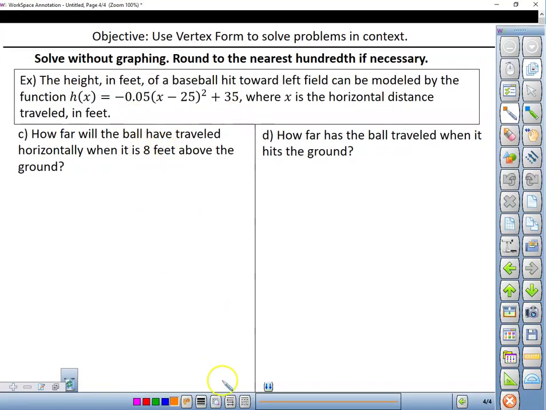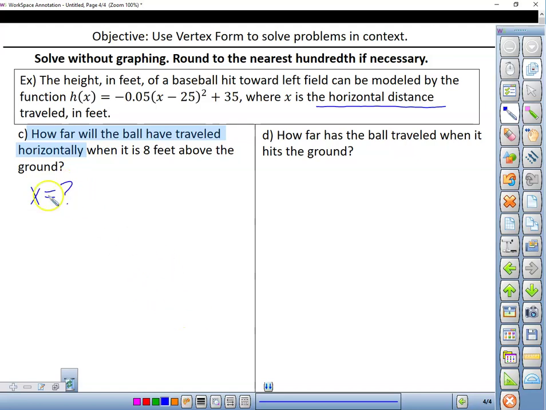Same model. So here, how far will the ball have traveled horizontally? We have to realize traveled horizontally, remember, is how our x variable is defined, horizontal distance. So that means we're looking for an x.